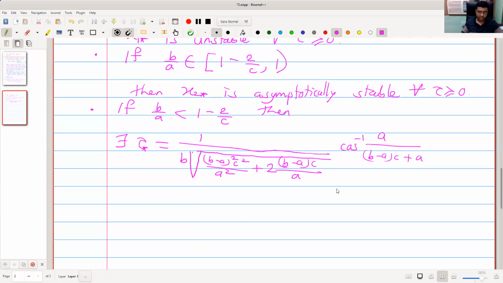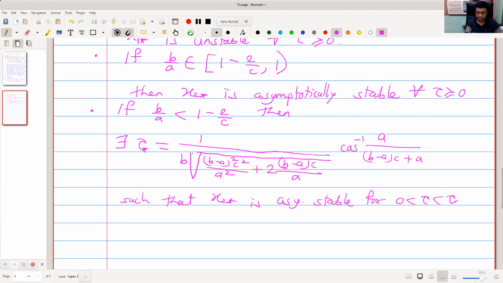So there exists this tau star such that x2 star is asymptotically stable for 0 less than tau less than tau star and unstable for tau greater than tau star.